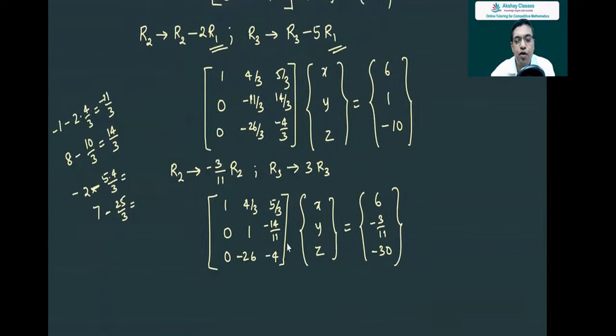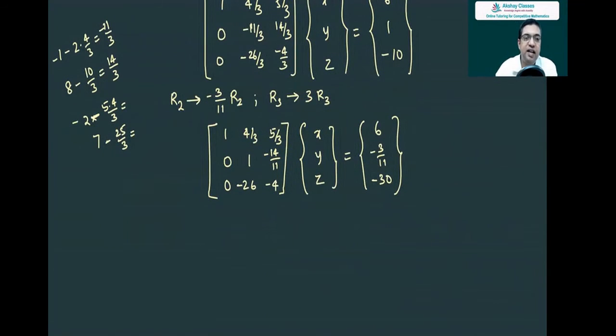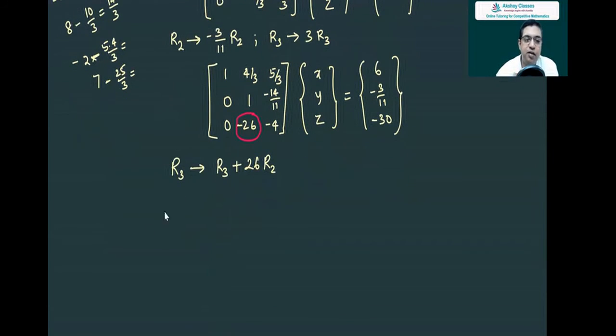So now what we need to do is eliminate. Don't worry about the first row, just eliminate this minus 26 by elementary row operations, make it 0. So we get R3 as R3 plus 26 R2. That's it. This becomes 0.